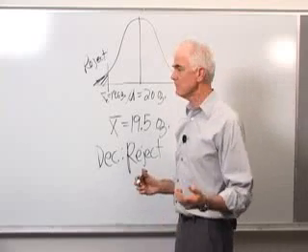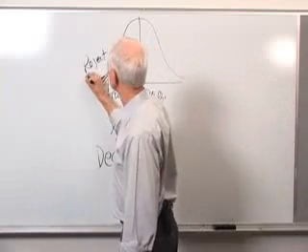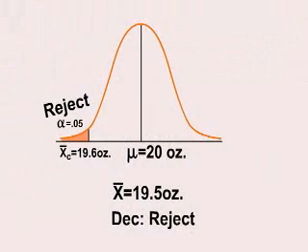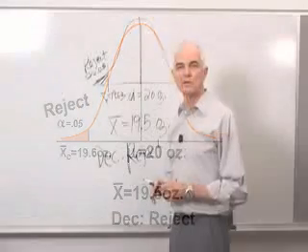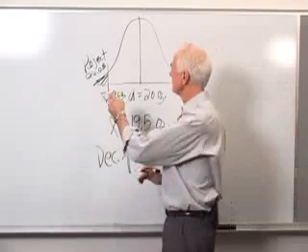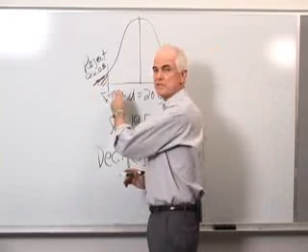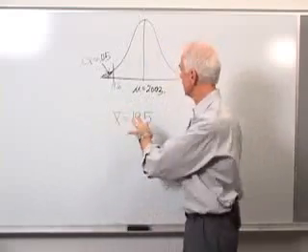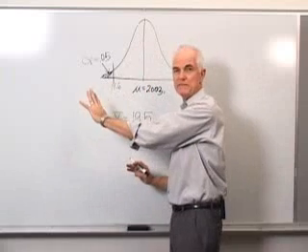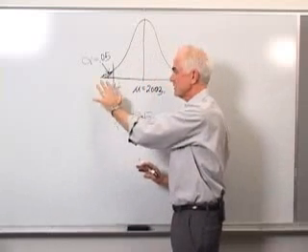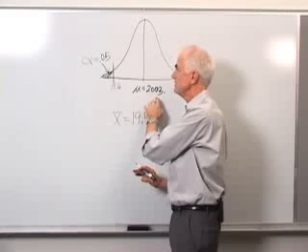Well, suppose our alpha value for this particular problem was 0.05. What that means is we have established ahead of time that 5% of our area is in the rejection region. We know that the sample means will be normally distributed, and they're going to be above and below possibly the population mean.